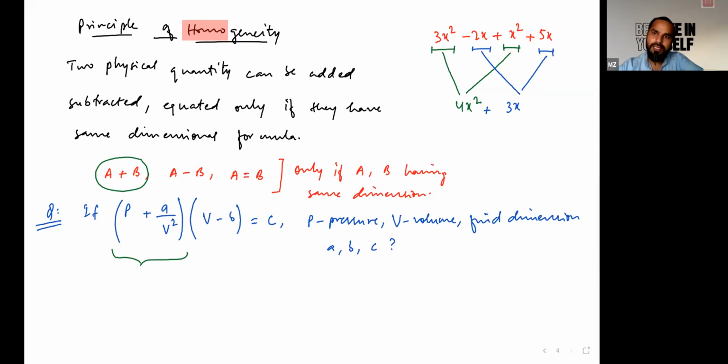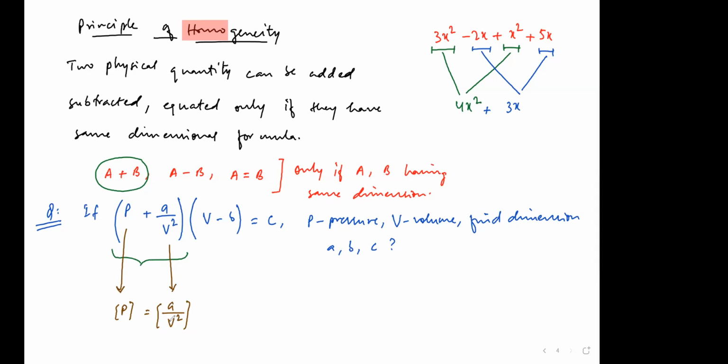So from this, we can say this quantity P and this quantity A over V square must be equal in terms of dimension. So dimension of P and dimension of A over V square must be equal. Is it clear? Yes, sir.